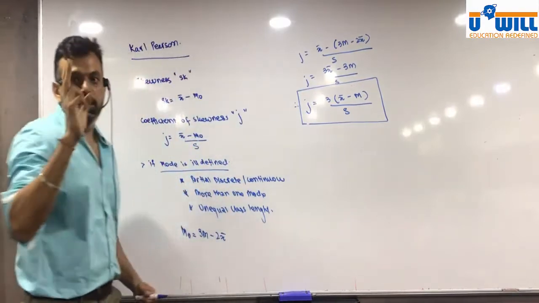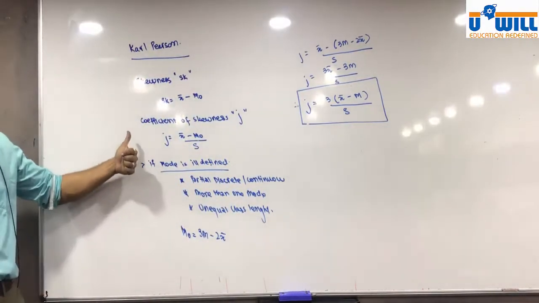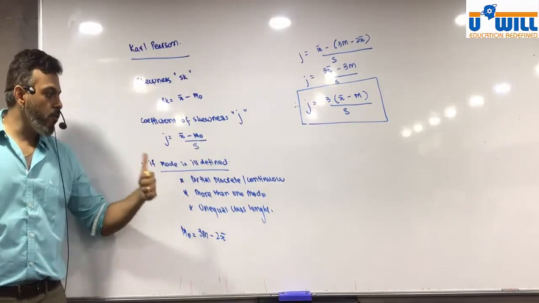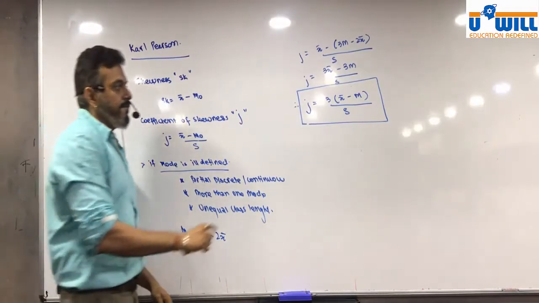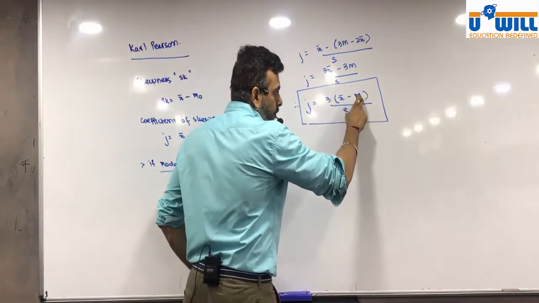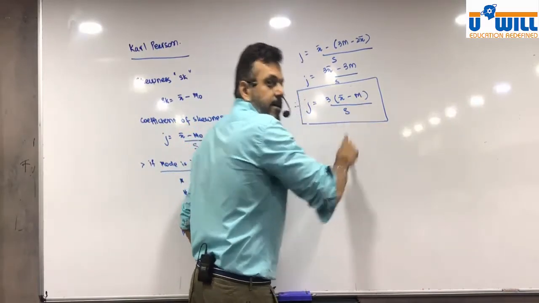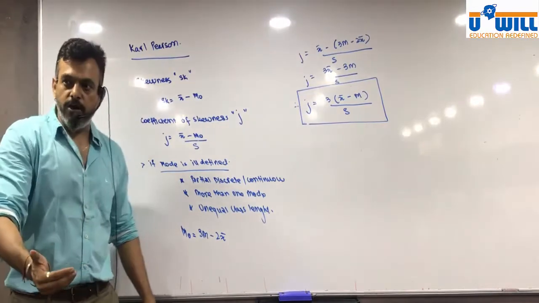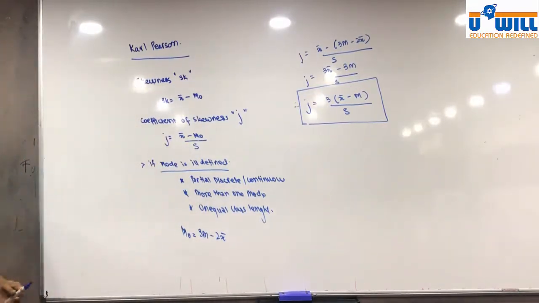So we have two formulas of Karl Pearson. One is the normal coefficient of skewness, but if mode is ill-defined, we will find out mean, median, and the standard deviation. Understood this? There is one more formula like this, but for now you write this.